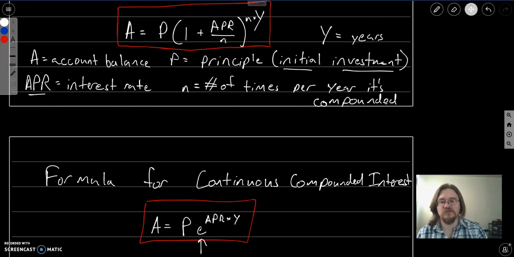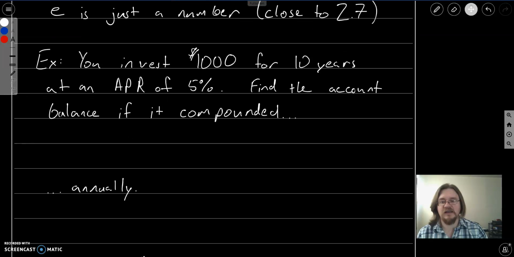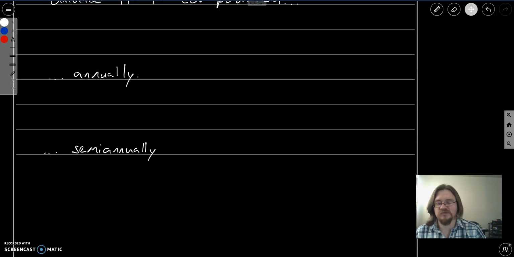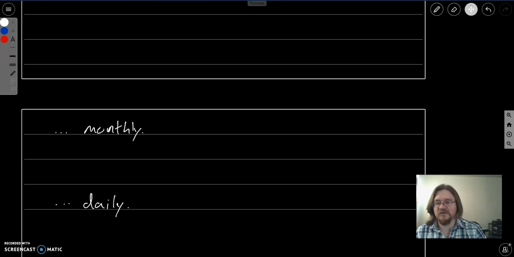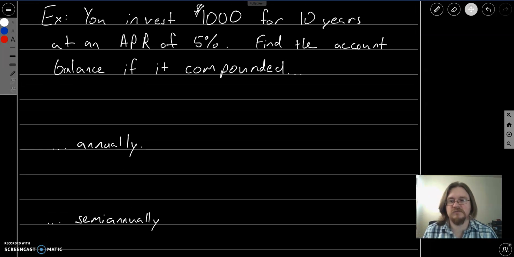So let's use our 2 formulas to find some interest. So we're going to invest $1,000 for 10 years at an annual percentage rate of 5%. So let's find the account balance if it is compounded annually, semi-annually, quarterly, monthly, daily, and continuously. So let's do an example of each.